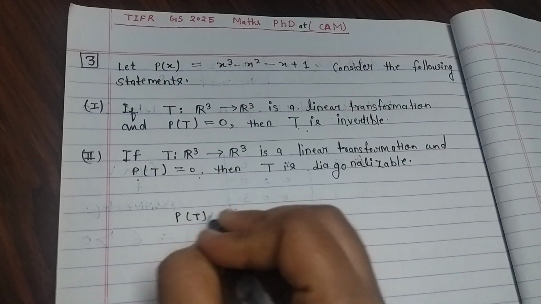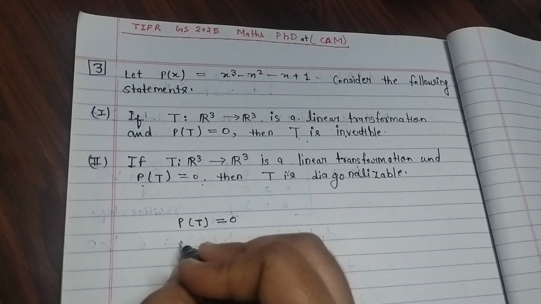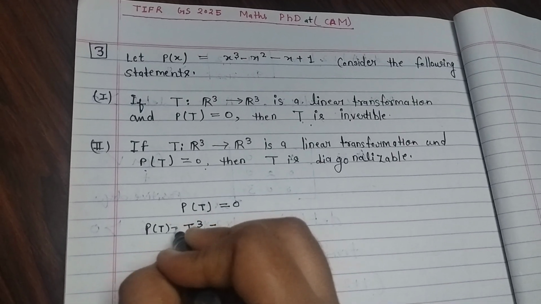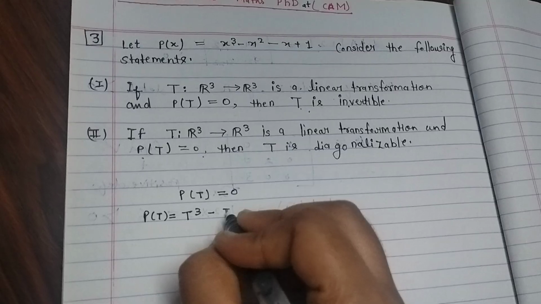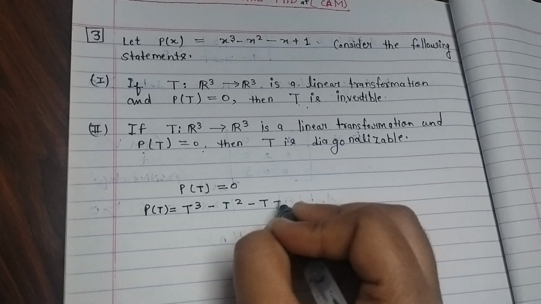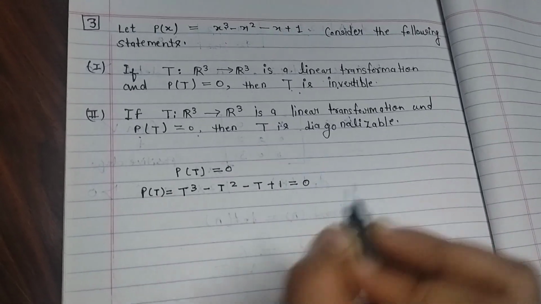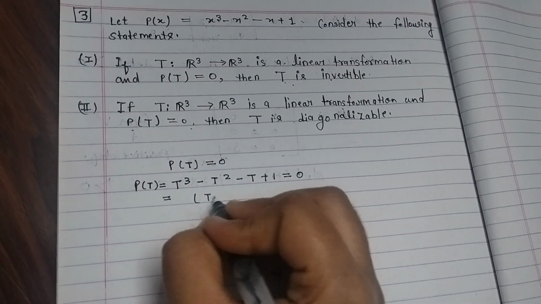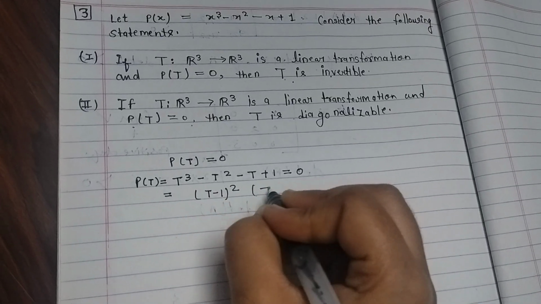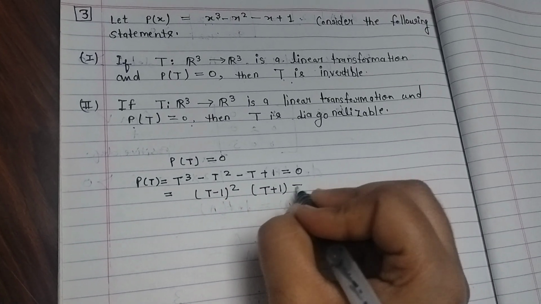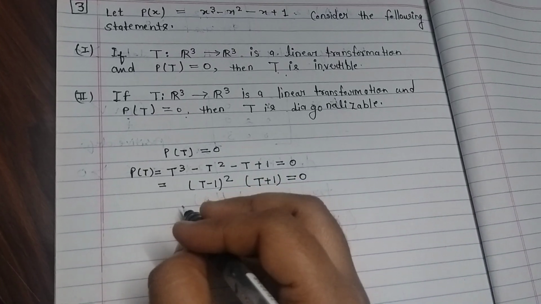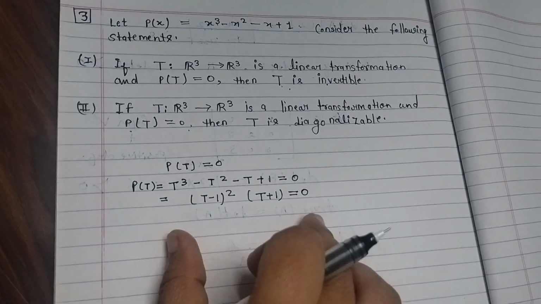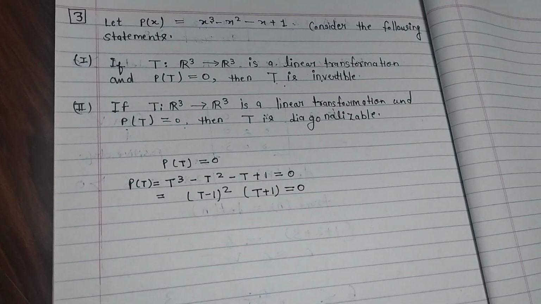p(T) is 0, which means T^3 - T^2 - T + I is 0, or we can write it as (T - 1)(T - 1)(T + 1) = 0. So what are the possible eigenvalues?